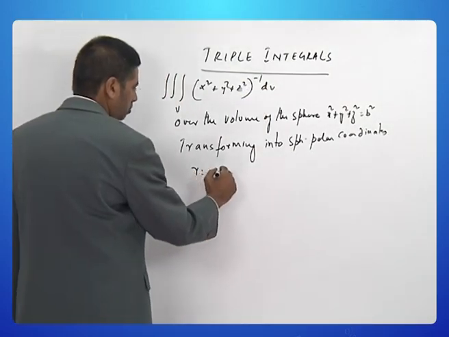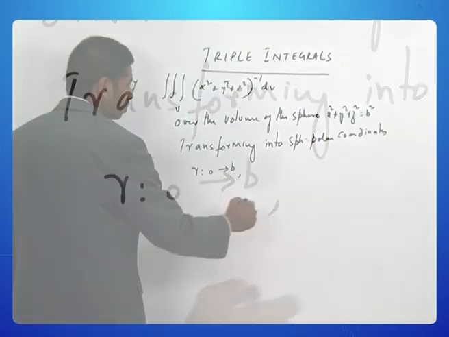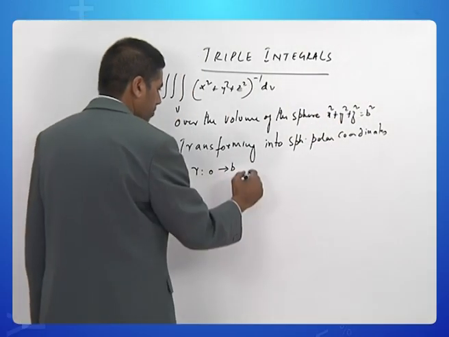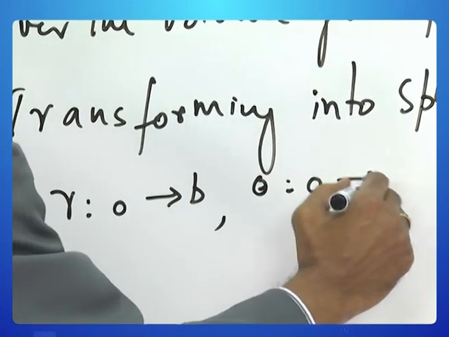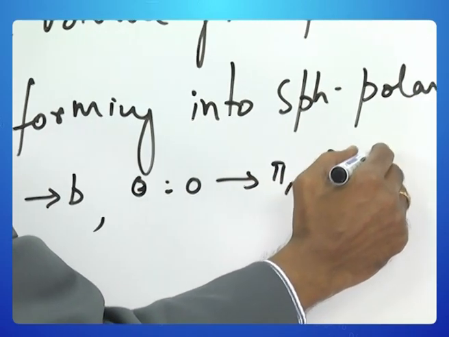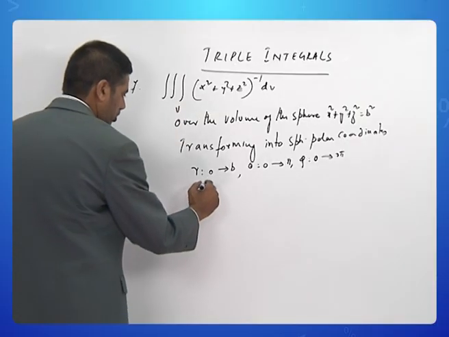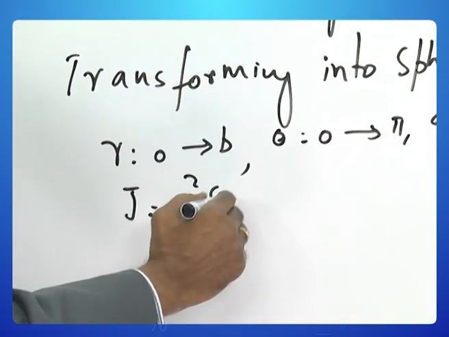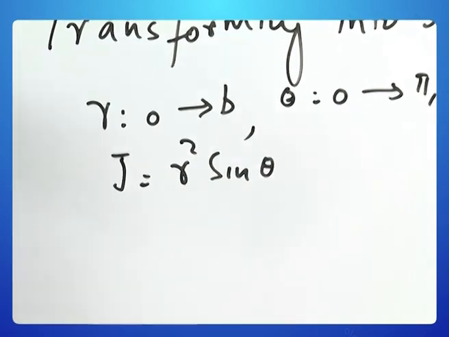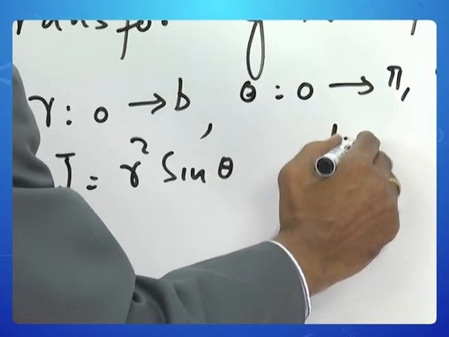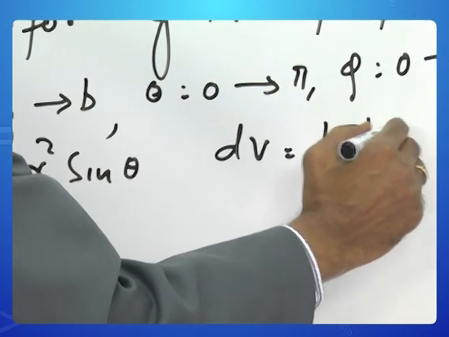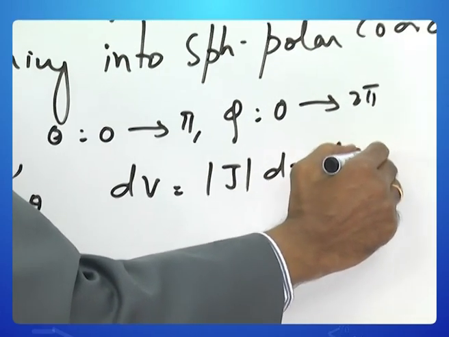r varies from 0 to the radius of the sphere, theta varies from 0 to pi, and phi varies from 0 to 2 pi. Of course, the Jacobian is r square sine theta. So dv is equal to mod J dr d theta d phi.